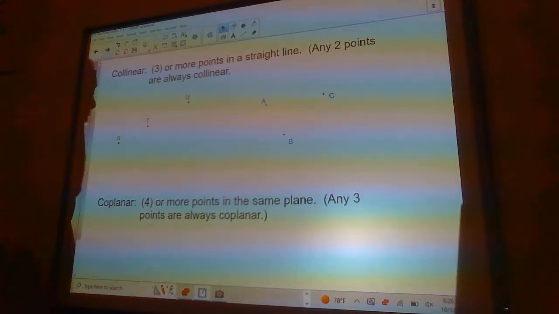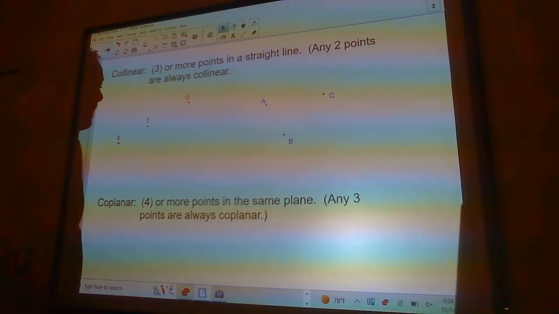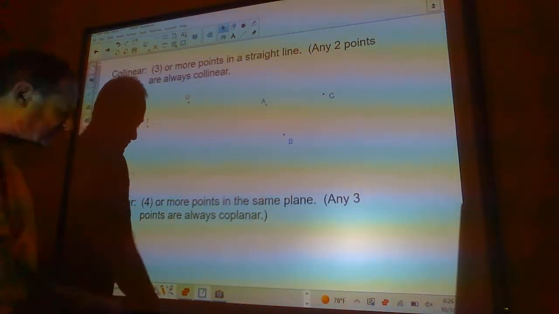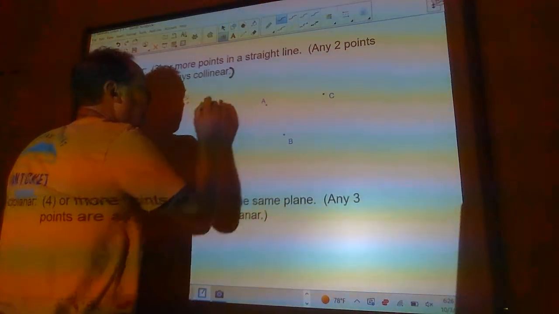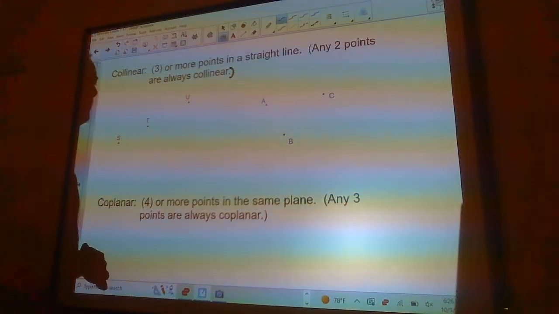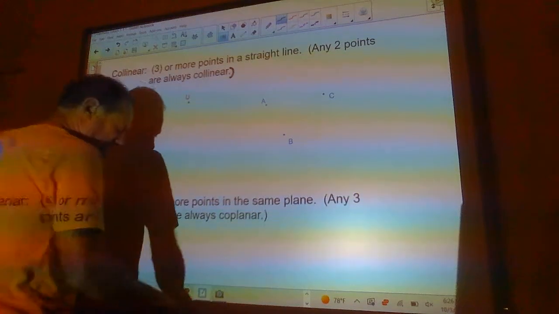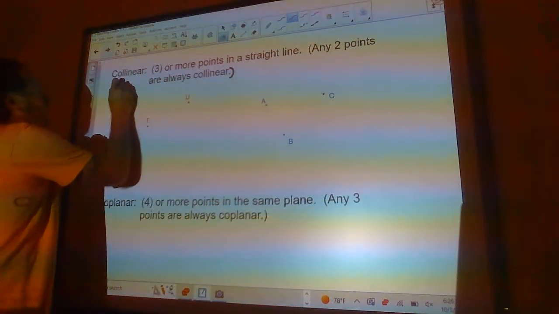The word collinear: 3 or more points in a straight line. Any 2 points are always collinear. So we don't usually call 2 points collinear. Collinear basically says right there in the word, line.